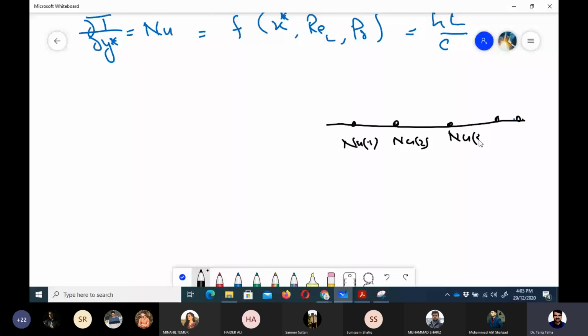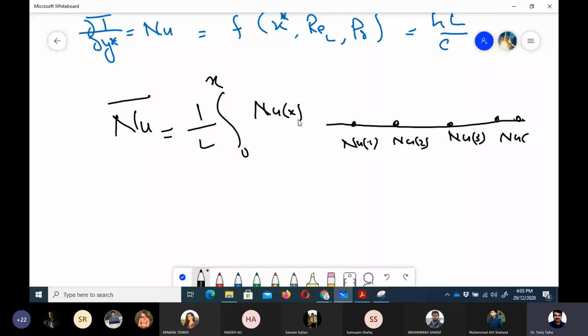So what if I want to calculate Nusselt number on the whole plate? In that case, Nusselt number would be equal to 1 upon L into the integral from 0 to x of Nusselt number x star into dx star, right? So if I take the integral, I would be able to get Nusselt number which is applicable to this entire plate.